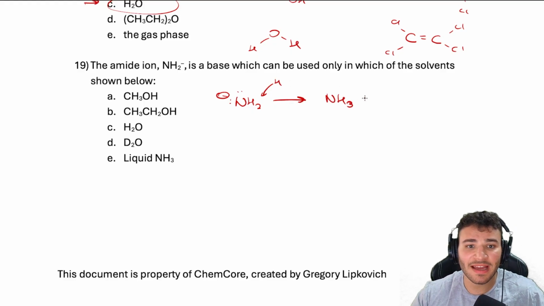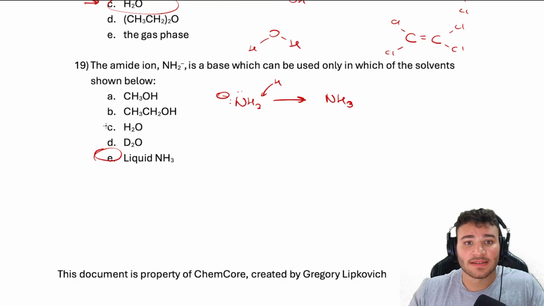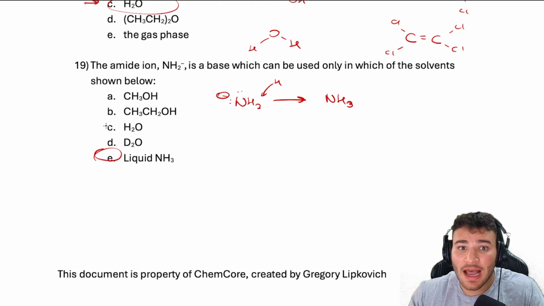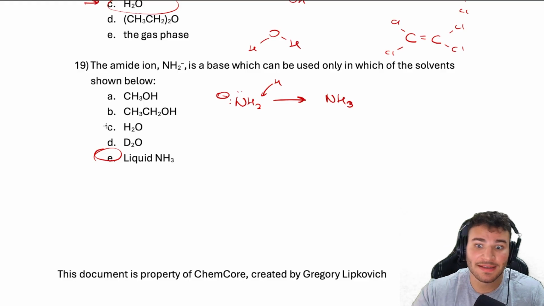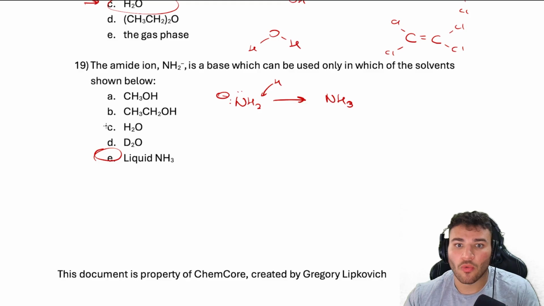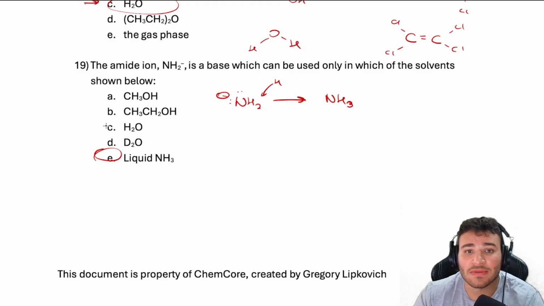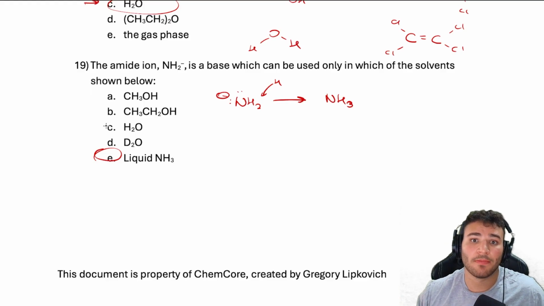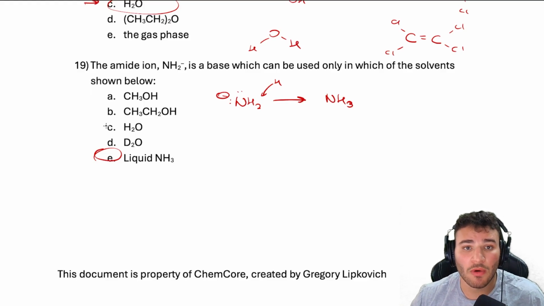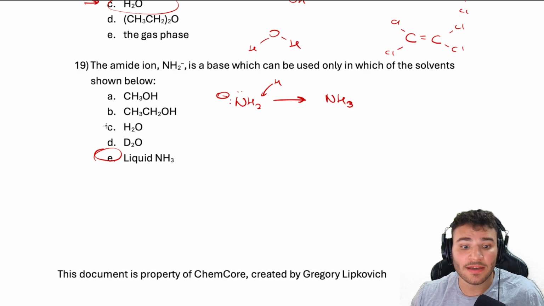Meaning that clearly the best solvent we can use with this is liquid NH3, because liquid NH3, the solvent, is not going to act as a better base than the amide ion. It's not going to accept protons instead of amide, right? And the product, NH3, is the same as the solvent, so it's not interfering in the reaction with amide ion and whatever acid we can possibly have along with it. And so the best solvent to use, and the only solvent you can use, is E, right?